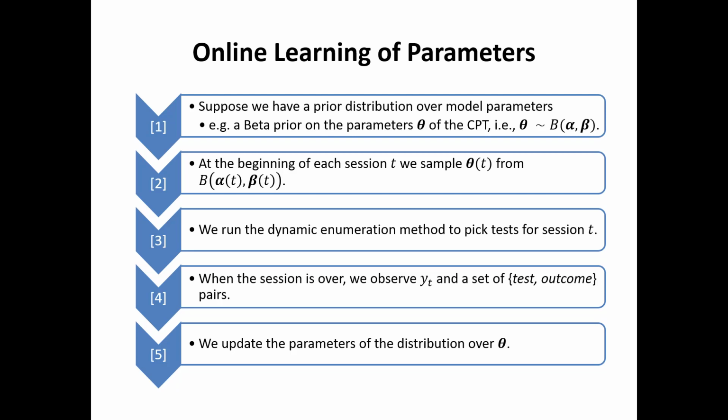In more detail, for the specific decision region, if the outcome of a test is yes, then we increase the alpha parameter of the respective beta distribution by 1, and if the outcome is 0, we increase the beta parameter of the beta distribution by 1.